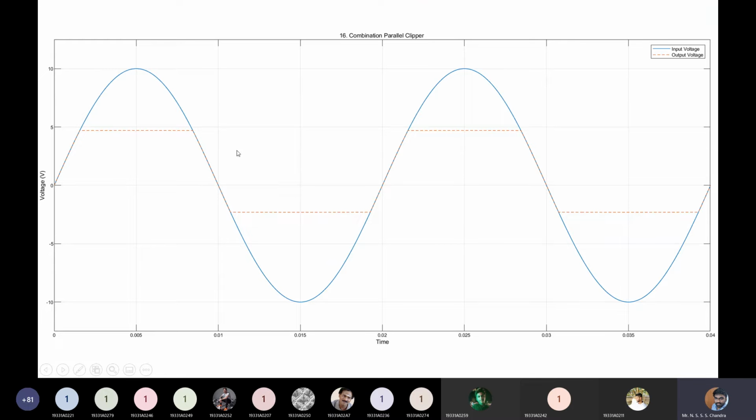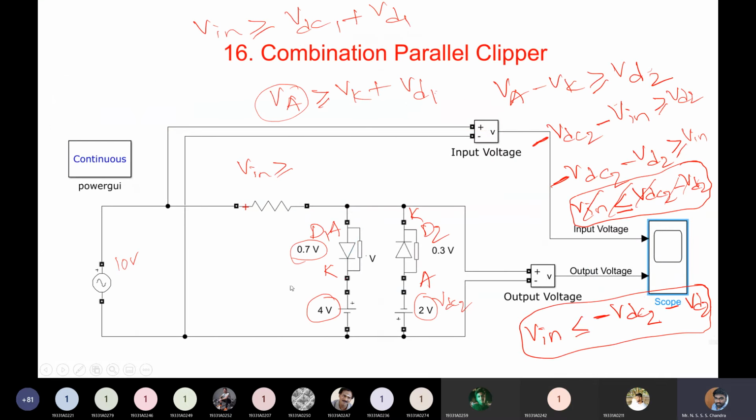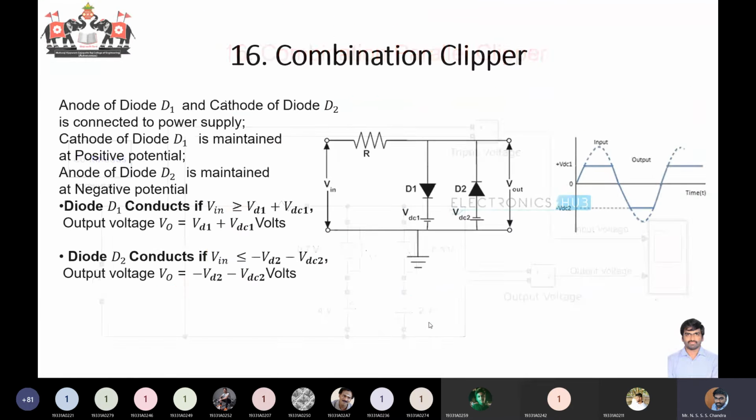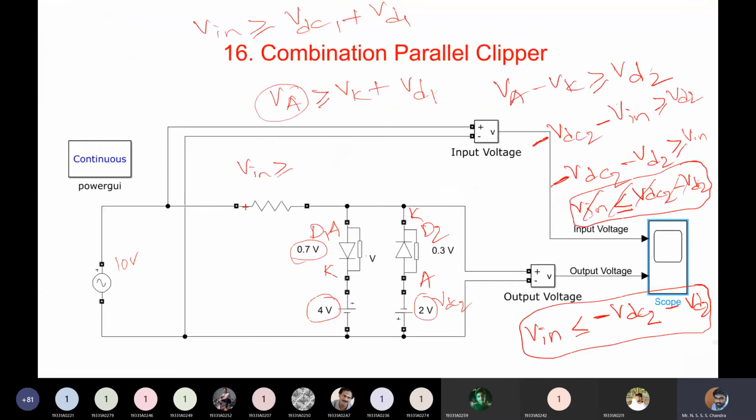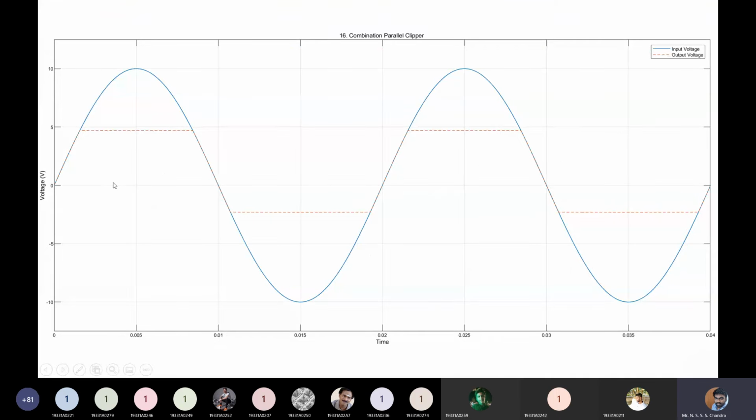So by changing this bias voltage, instead of 4 volts and 2 volts, the wave shape will change. The place where the waveform is clipping will change. For example, if you change this 4 volts to a larger voltage, this dotted portion will rise to somewhere over here.